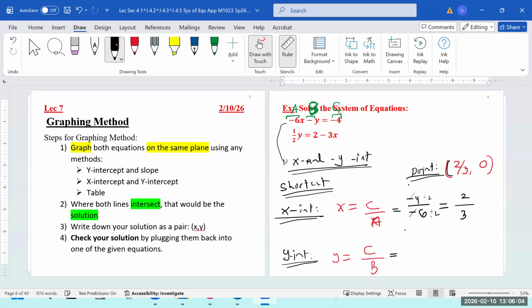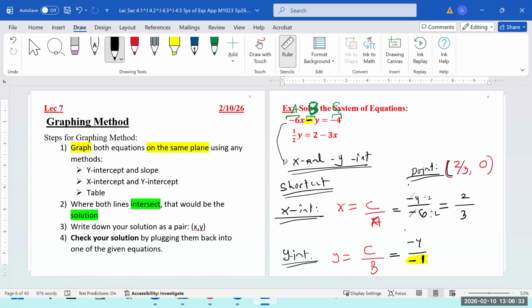Let's do the same for our y-intercept. We already know our c is -4. But what is our b? Do you see any coefficient in front of y? -1. It is 1, but since y has a negative sign in front here, this is -1.